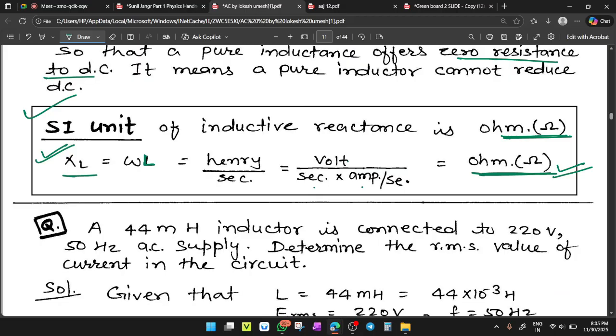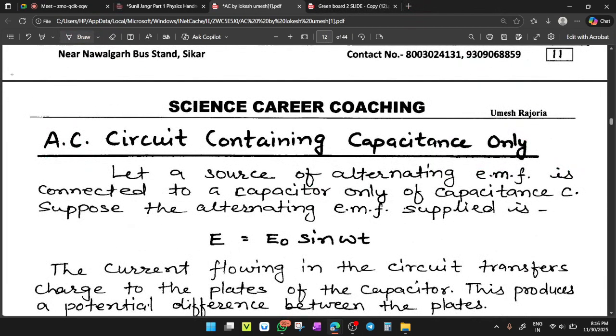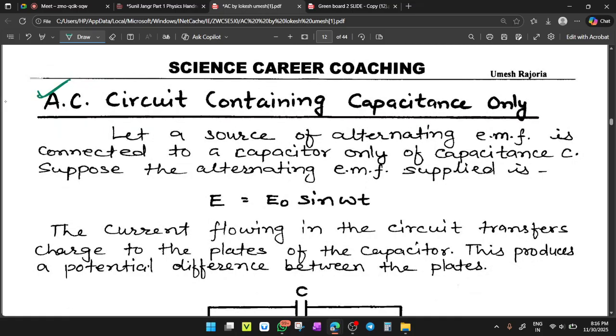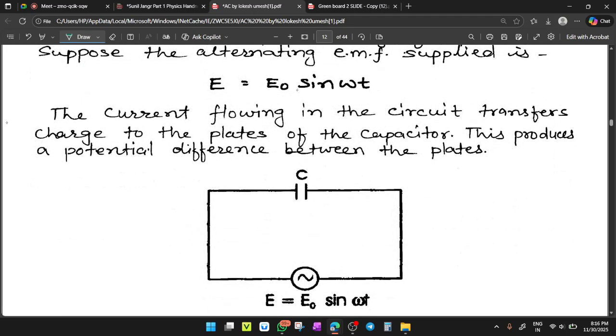Okay, moving towards the next circuit, students. Make a heading: AC circuit containing capacitance only. Let a source of alternating EMF be connected to a capacitor only, of capacitance C. Suppose the alternating EMF supplied is E naught sin omega t.